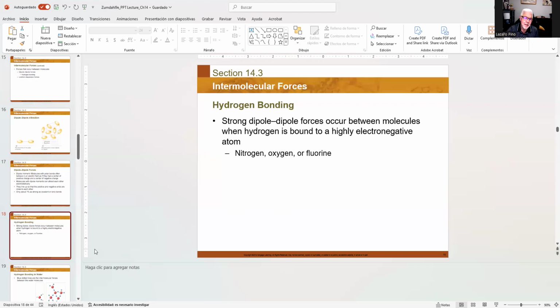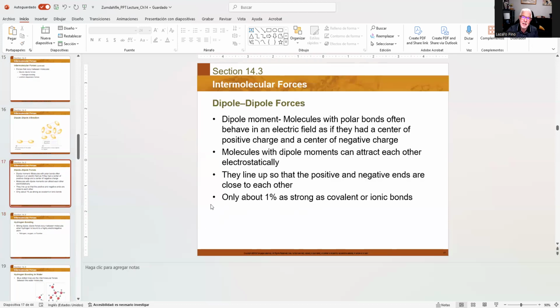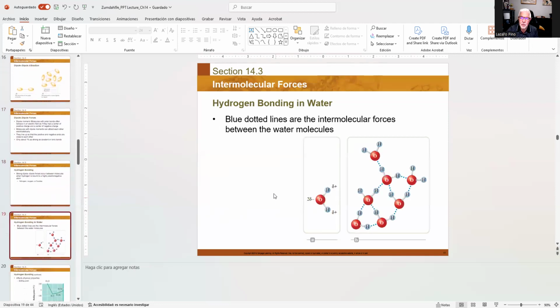These intermolecular bonds are stronger than the dipole forces. And of course, hydrogen bonds are weaker than the intramolecular forces in the bond, like the covalent bond and the ionic bond.